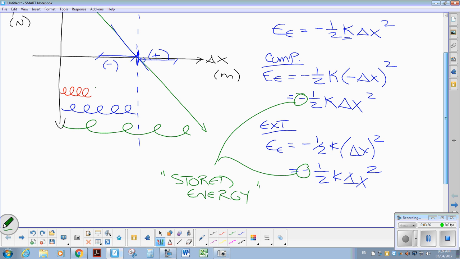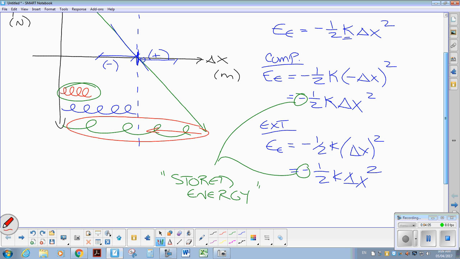When you compress a spring, the spring has the ability to push outward or expand, which means it's stored potential energy. If we extend the spring, the spring wants to return to its natural equilibrium, so it also has stored energy. So that negative sign indicates that we have stored energy. That's what that negative sign really indicates in the equation.